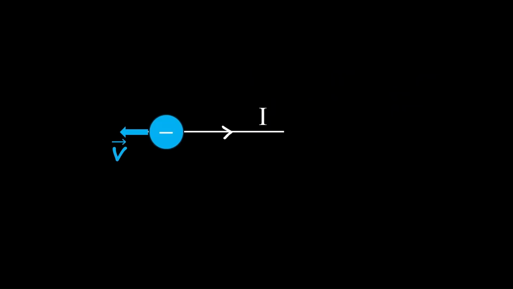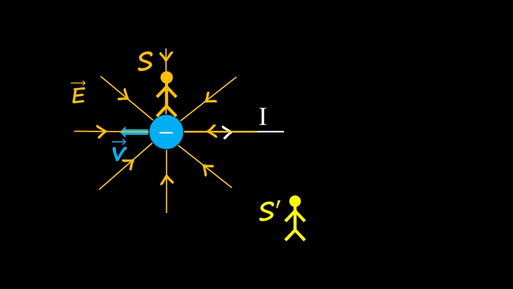Let us denote the velocity of the electron by v vector and consider two frames of reference, S frame of reference which is sitting on the electron and S prime which is observing the electron in motion. Now, according to S, the electric field lines will be converging towards the charged particle.